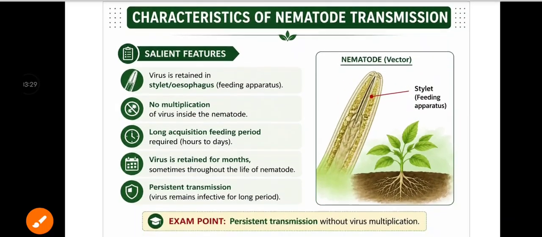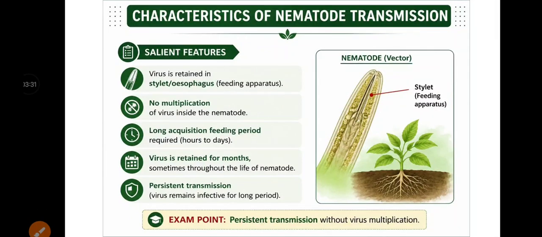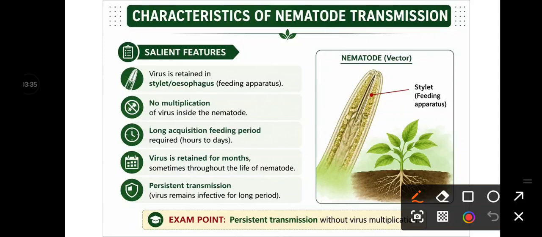Next, the characteristics of nematode transmission. I have already told that the virus transmitted by nematode is present in the stylet, oesophagus or the feeding apparatus only. No multiplication is there.